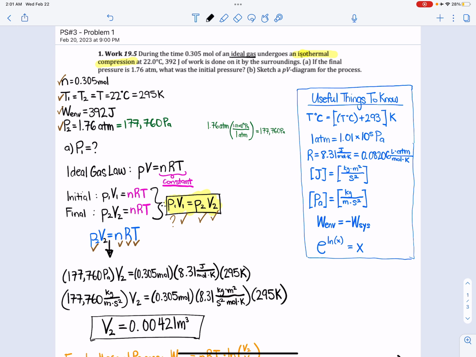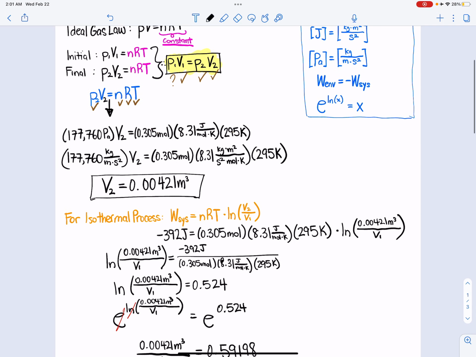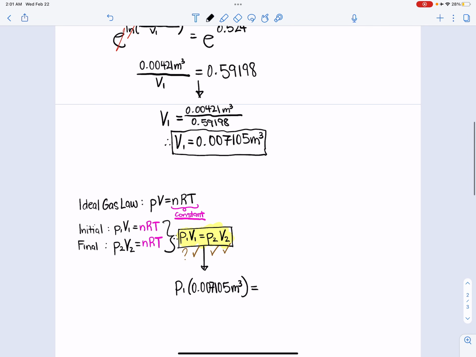Okay. So that's P2 is 177,760 pascals times 0.00421 cubic meters, right?